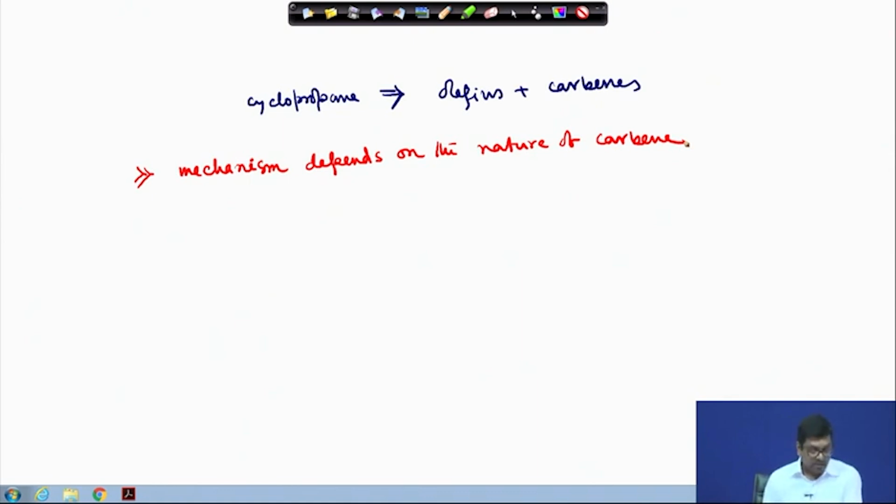Okay. In general, the outcome of these reactions will chemically suggest that the reacting carbene is singlet or triplet. I mean, for the carbene that we generated, whether it is singlet or triplet, obviously we can measure it spectroscopically.